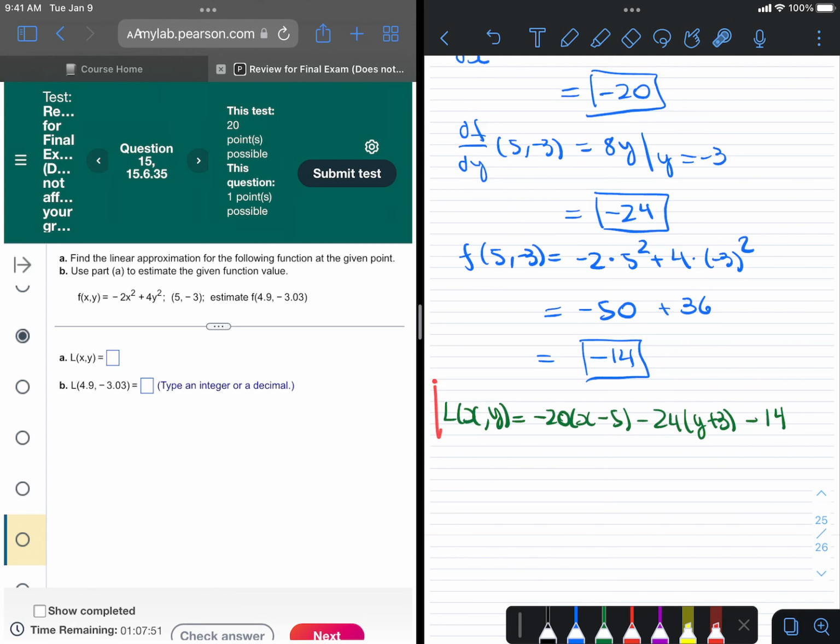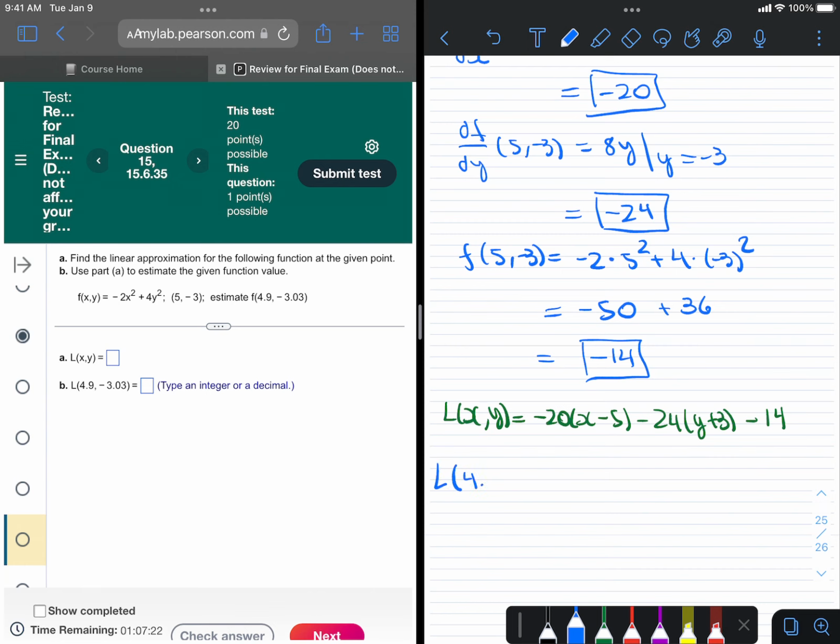That's a linear function, a lot easier to calculate than the actual calculation that we would do to calculate f of 4.9, negative 3.03. Those are decimals. That'd be complicated to use. So how do we calculate them?